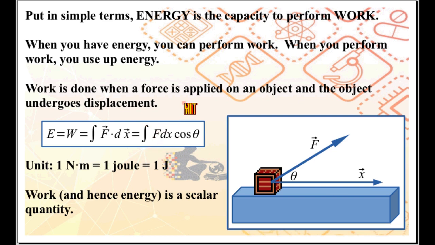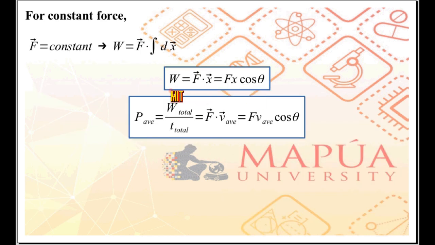For instance, if F is equal to kx, some constant k multiplied by x, you replace F with kx, so you have the integral of kx dx cosine theta, and then you perform the integration. But if the force is constant, you use work done is equal to F dotted with x, which is Fx cosine theta.